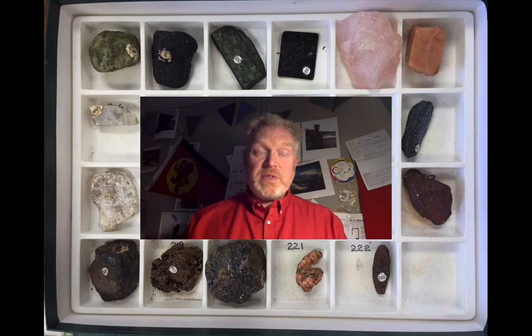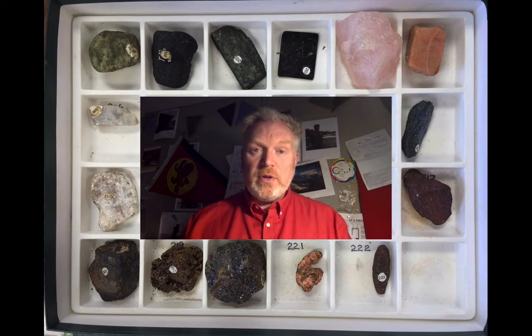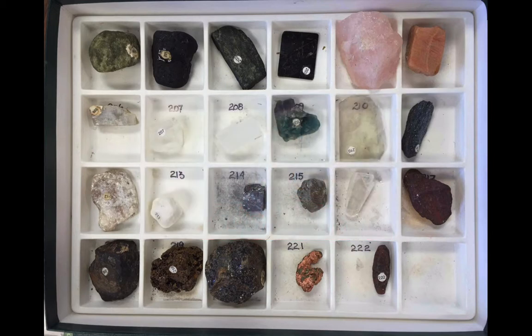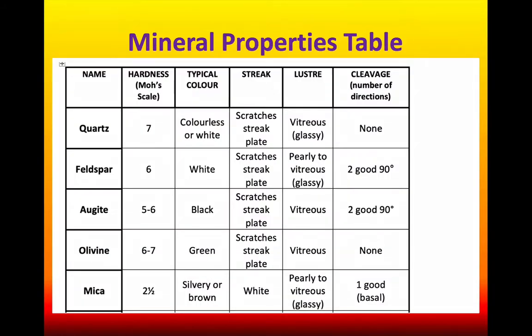The minerals and their properties are listed in the table on page 9 in your Theme 3 booklets. The minerals I want to focus on to start with are what we call the rock-forming minerals. These 5 minerals that you can find at the top of the table are all silicates.